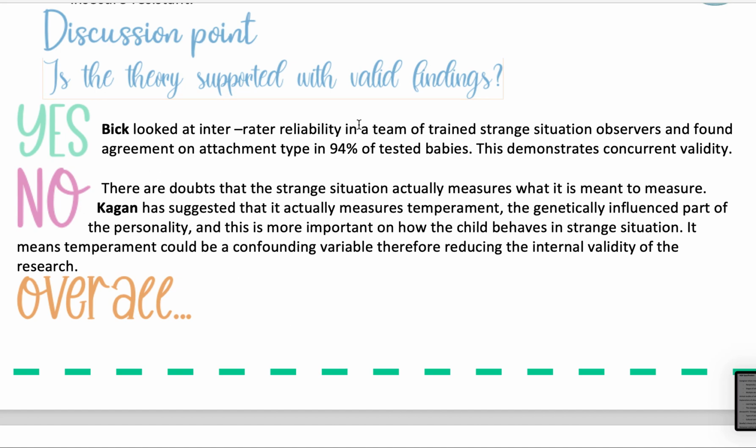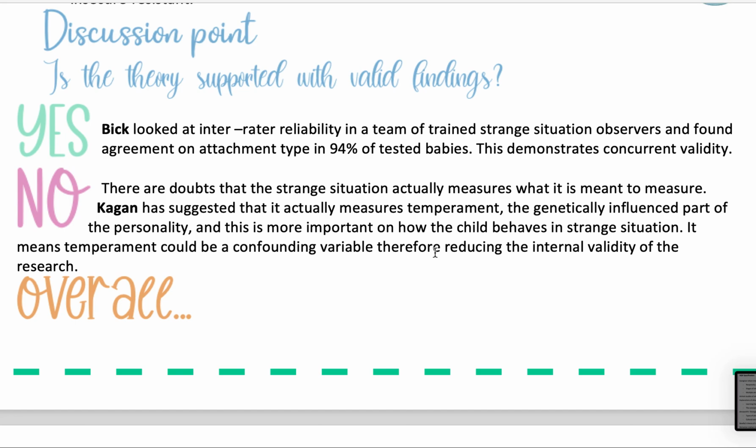Sorry, are Ainsworth's findings valid essentially? So inter-rater reliability, so 94% of the time the team of observers agreed with the attachment type they put the child in. So obviously when you're observing separation anxiety, how are we operationalizing high and low levels?